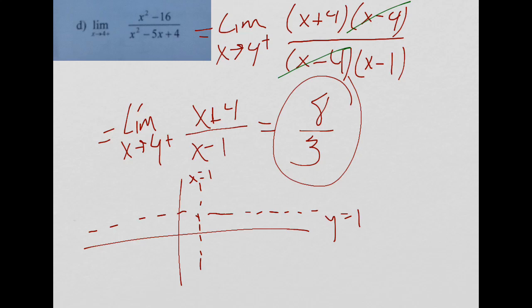The x equal to 1, remember, comes from the denominator. The horizontal comes from this coefficient divided by this coefficient when the power of these two x's are the same. So if I had x squared and x squared with a 1 and a 1 out front, then I would get the same thing. If I had x squared with a 7 and a 3, then this would be 7/3.